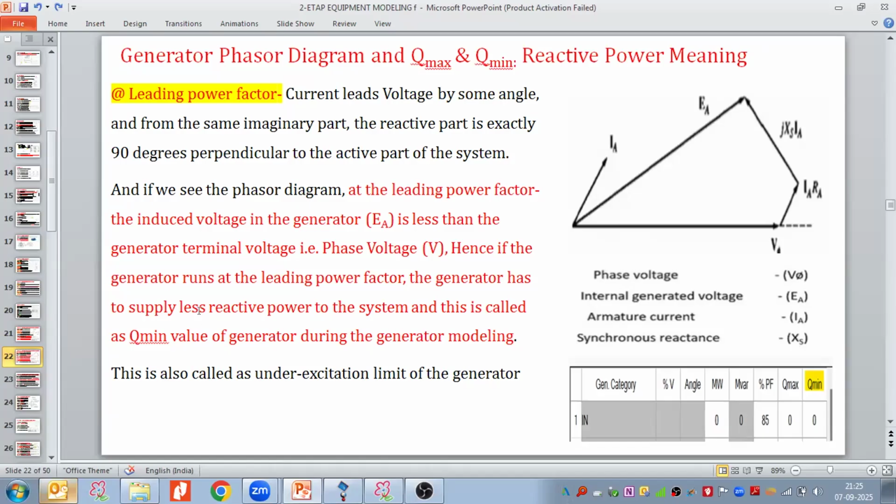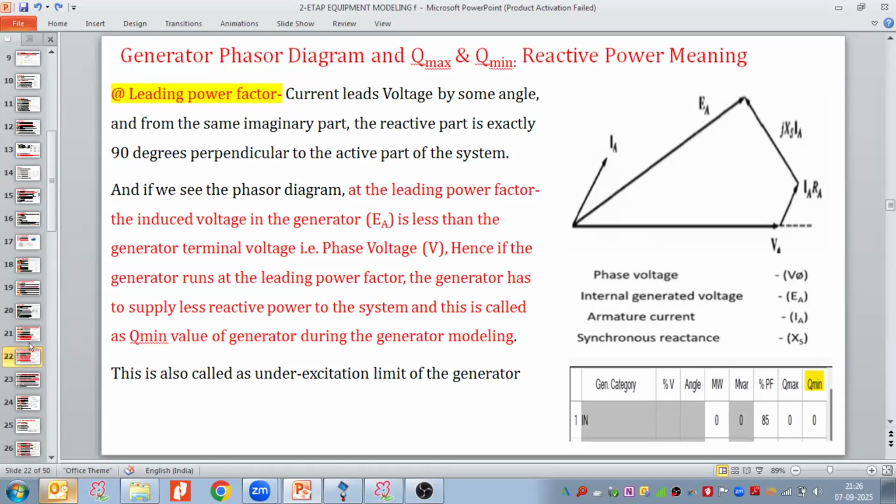The generator has to supply less reactive power to the system, and this is called the Q minimum value of the generator during generator modeling. This operation is also called the under excitation limit of the generator.